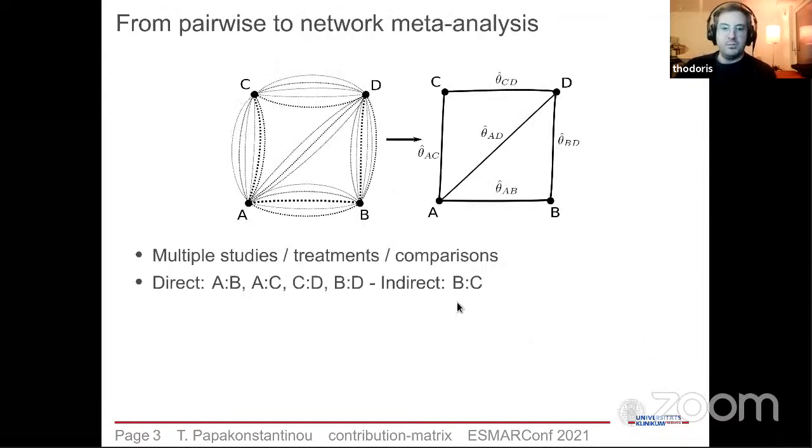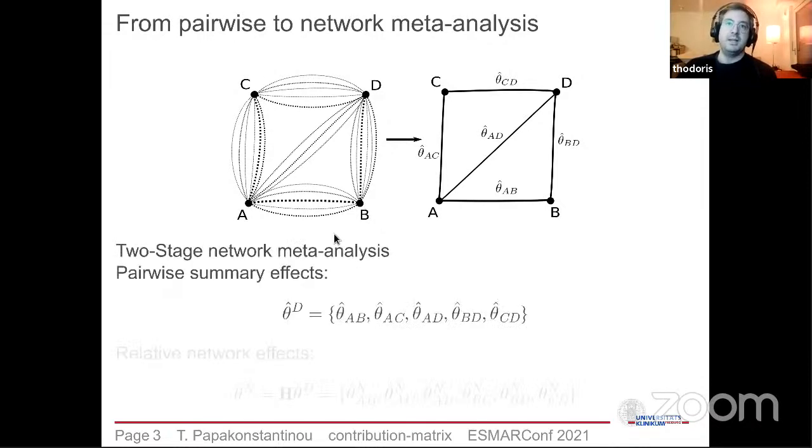Okay, so in network meta-analysis, we can compare more than 2 treatments, not only A versus B. This means that not only can we borrow strength from indirect comparisons, but we can compare all pairs of treatments, even those that have not been directly studied, such as C versus B here.